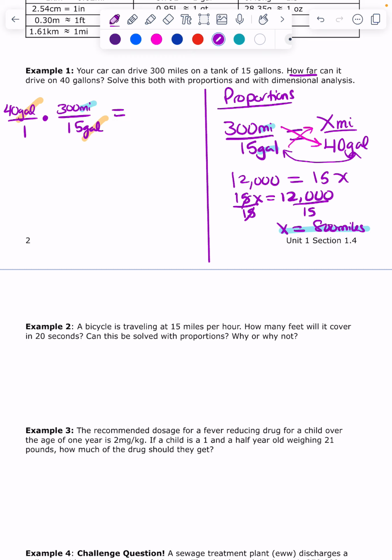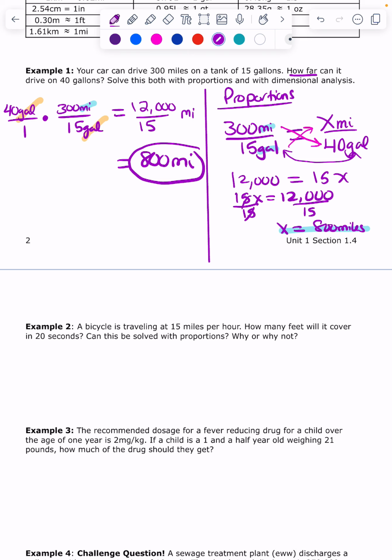And now I'm left with the unit that I wanted, which is miles, and I multiply that, and of course I get the same answer. Multiply across the top, multiply across the bottom, not cross multiplication, and then just simplify that, and it should be no surprise that we get the same answer with dimensional analysis as we did with proportions.